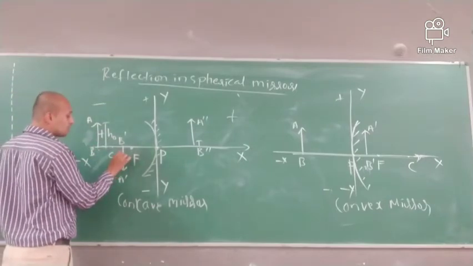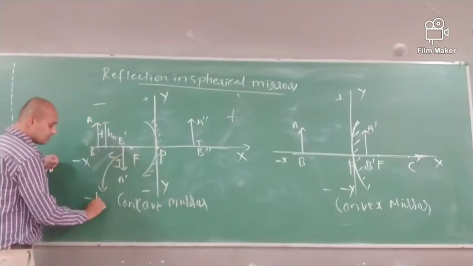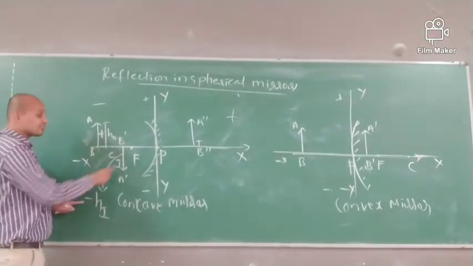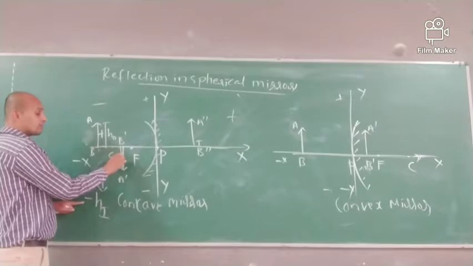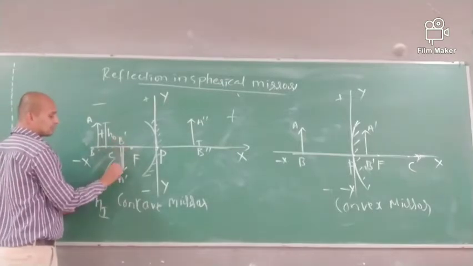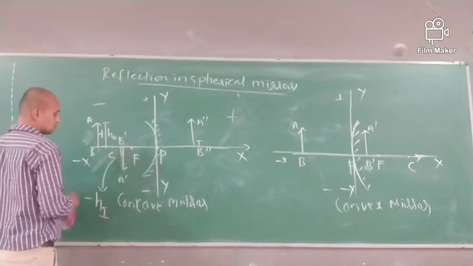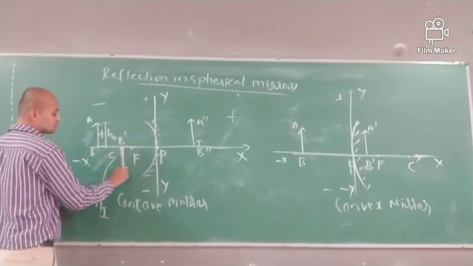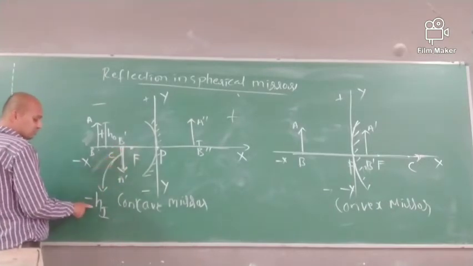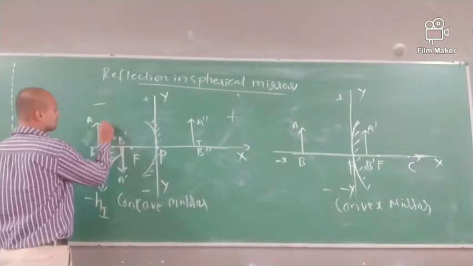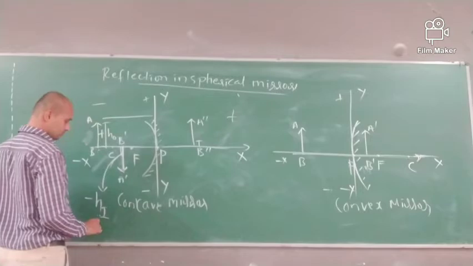If I take the height as HI, it has to be negative here because this image A dash B dash is below the axis. The height of this image is minus HI.